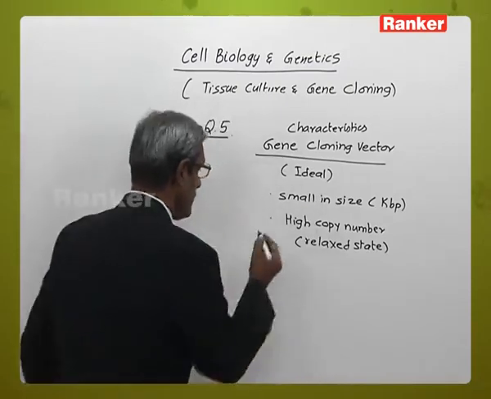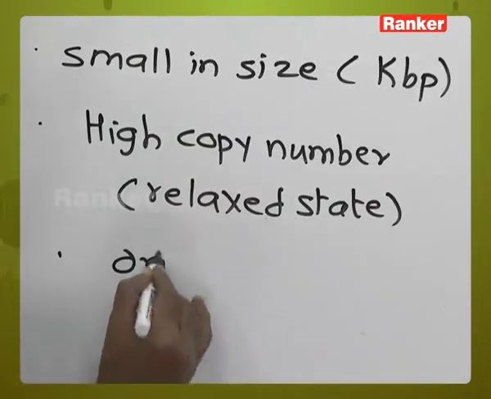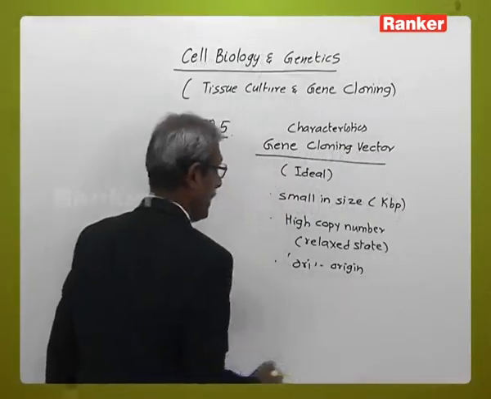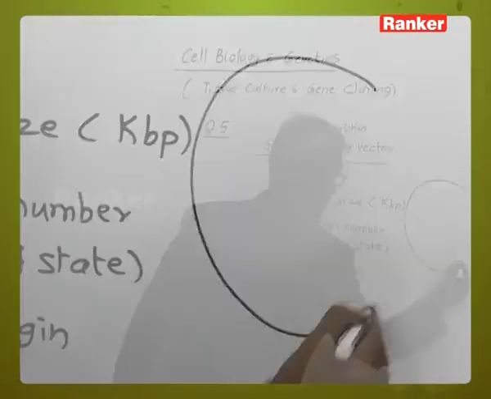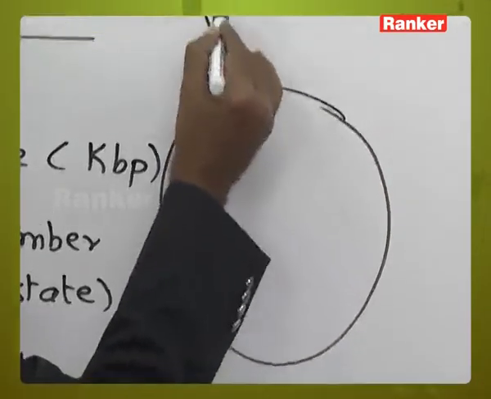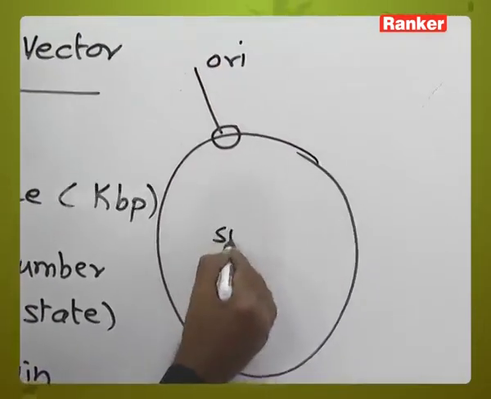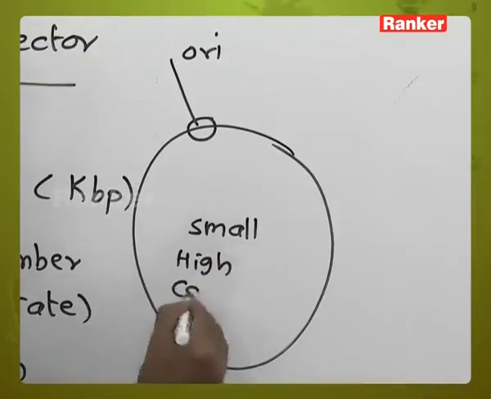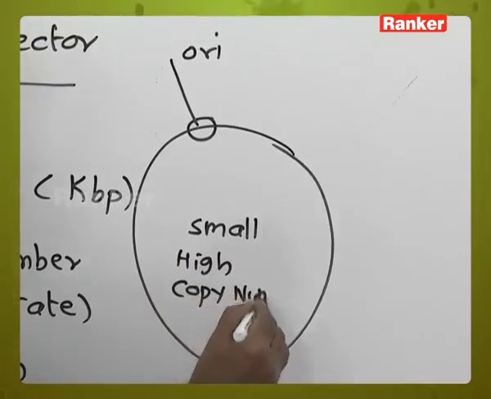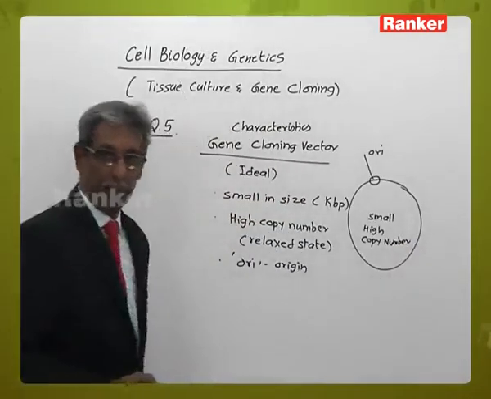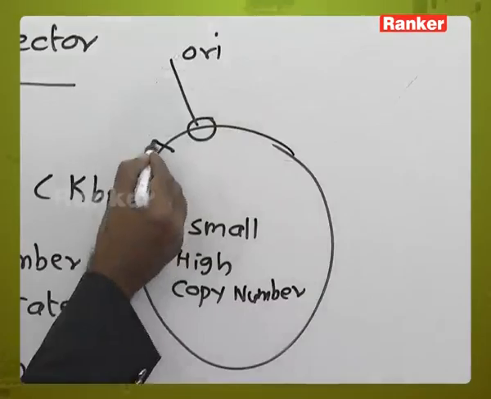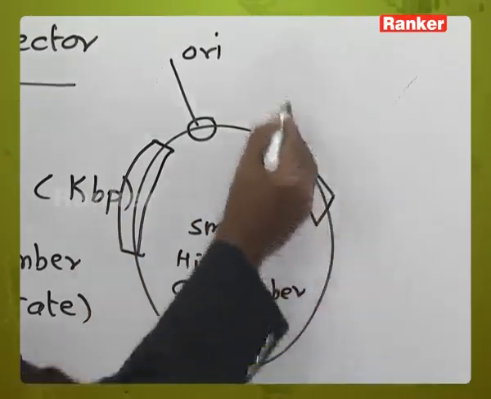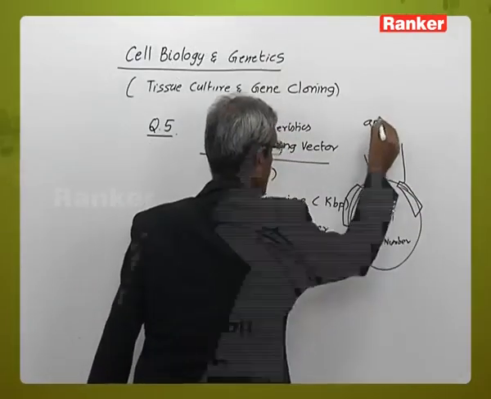Now, along with this, any plasmid should have an ORI, that is, a site of origin. So, a typical plasmid will have an ORI, it should be small in size and it will have a high copy number. In addition to this, it would always have antibiotic resistance genes.